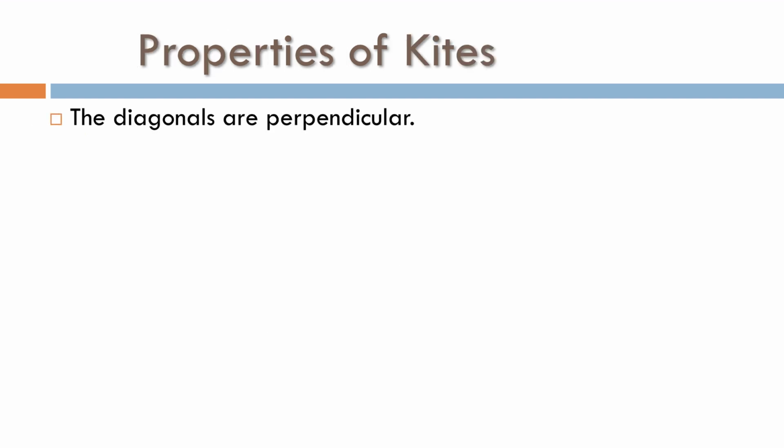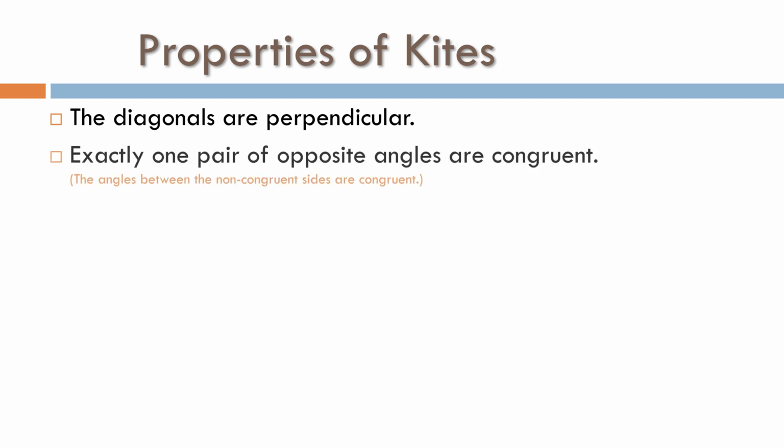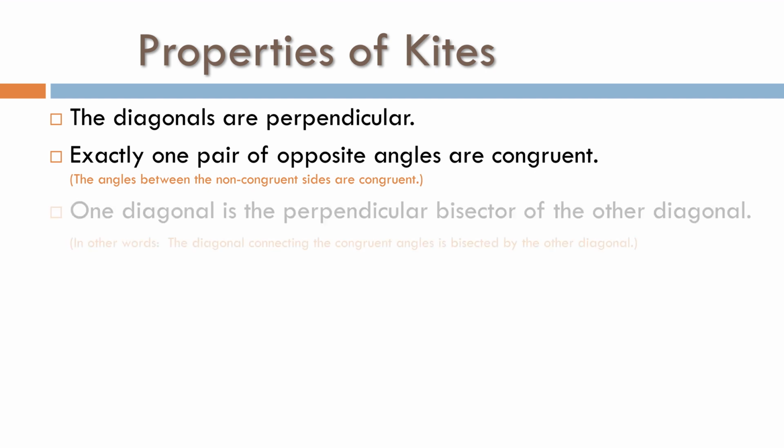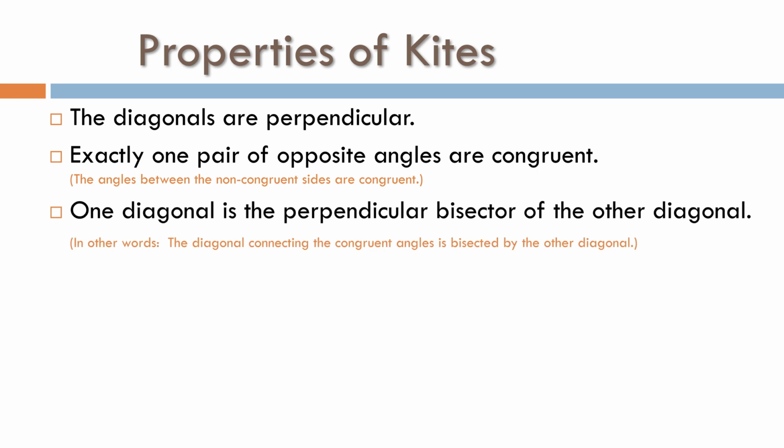All right. As Juliana already mentioned, the diagonals are perpendicular. There's exactly one pair of opposite angles congruent. One diagonal is the perpendicular bisector of the other.